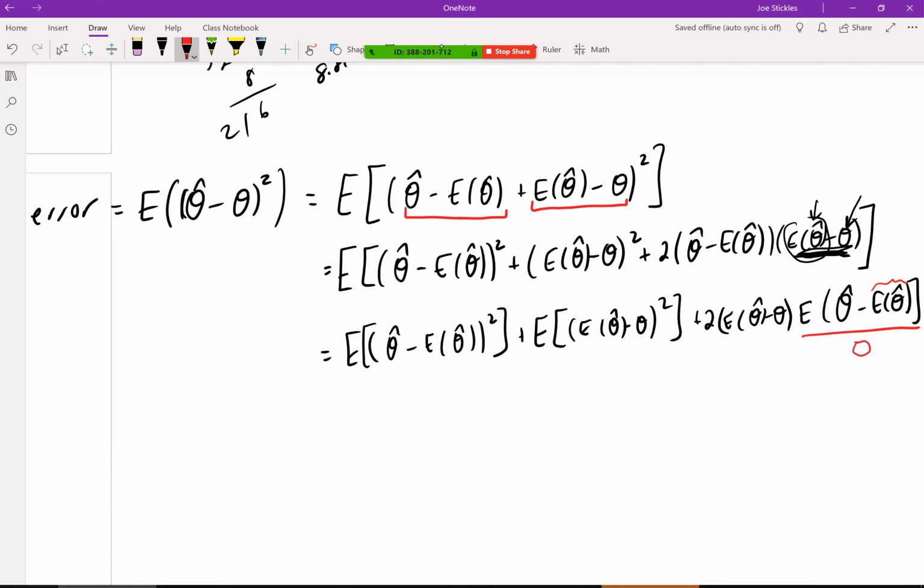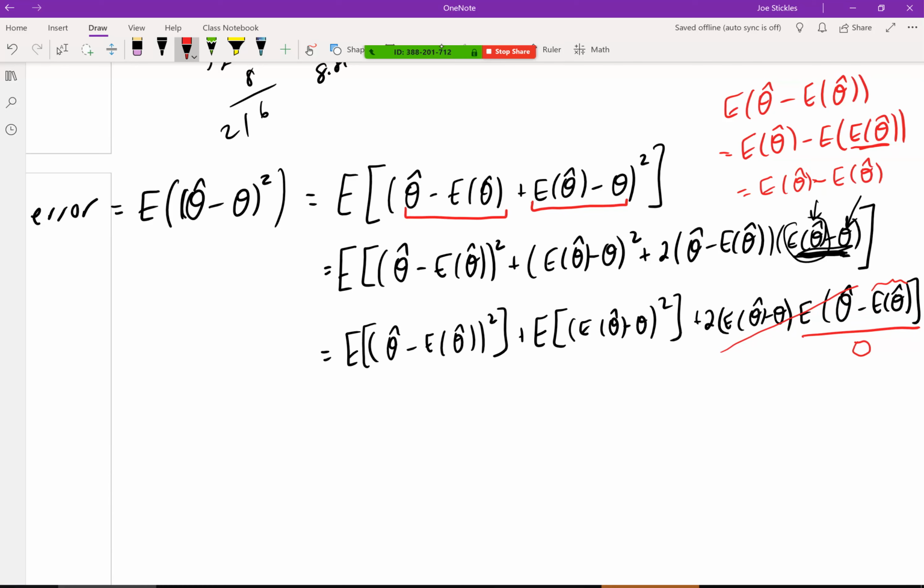So this whole term goes away. I'll say that again: expected value of theta hat minus expected value of theta hat is expected value of theta hat minus expected value of expected value. But when we do expected value, it turns into a constant. So this is just expected value of theta minus expected value of theta, which gives us the 0. That's why this one goes away.